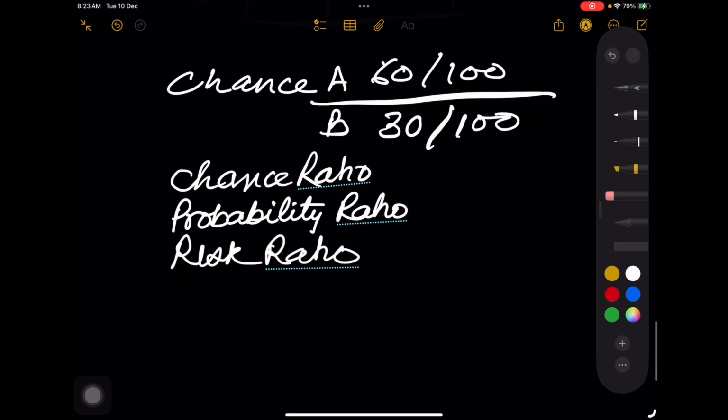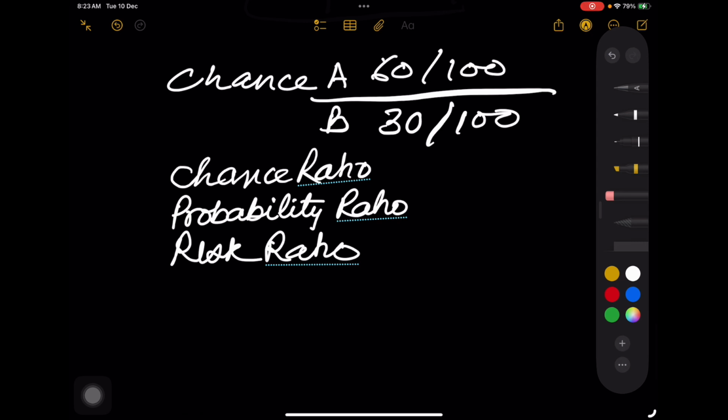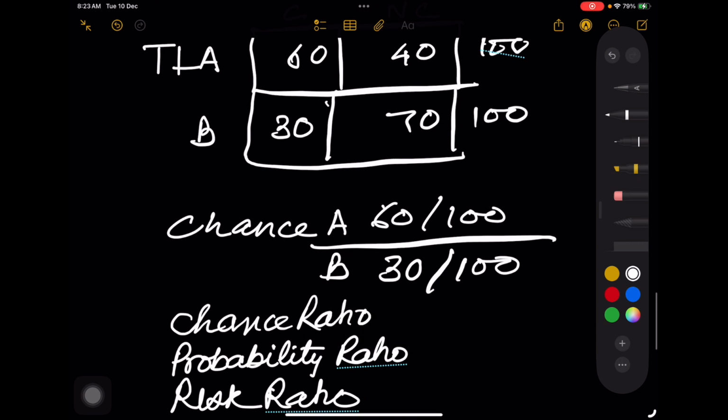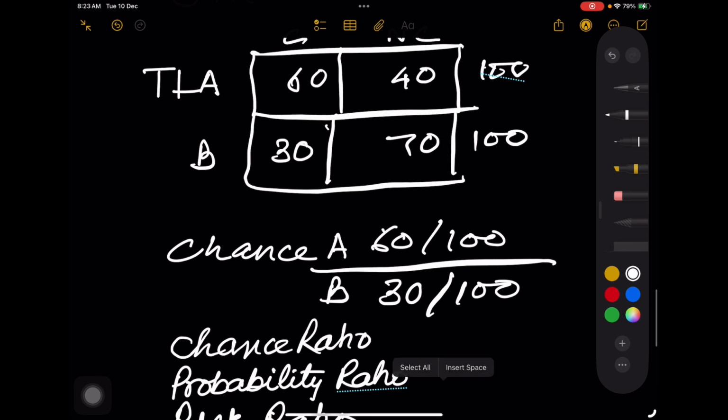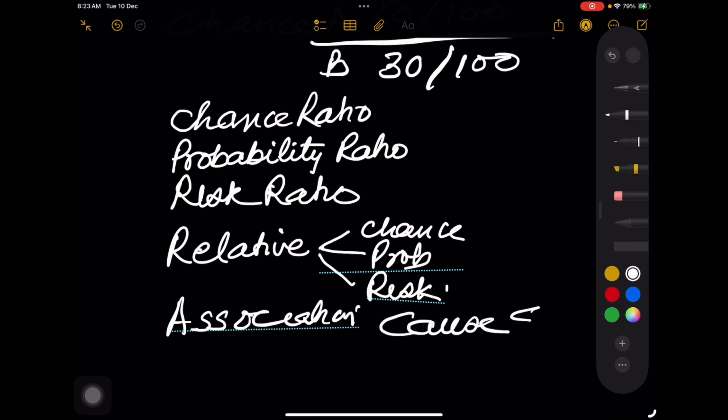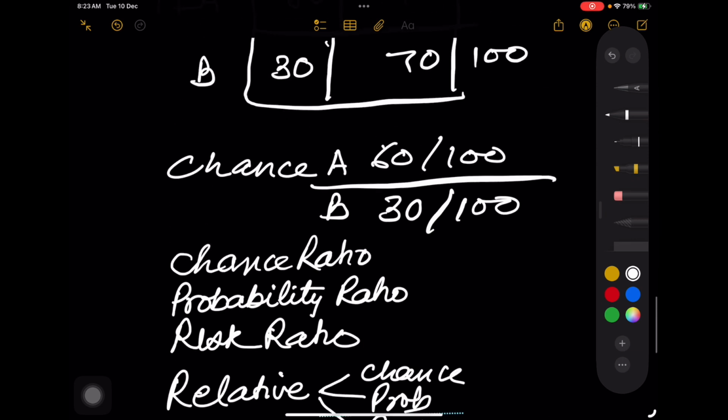It can be relative chance, relative probability, or relative risk of getting cured given you have treatment A as compared to treatment B. So this is a measure of association between cause and effect. Here the cause is treatment type.